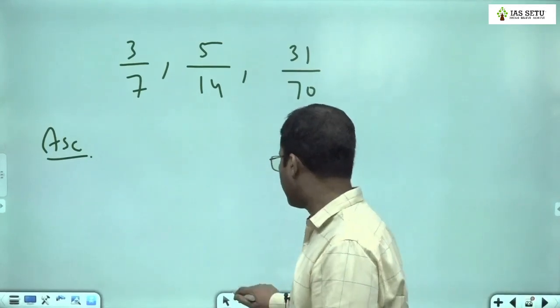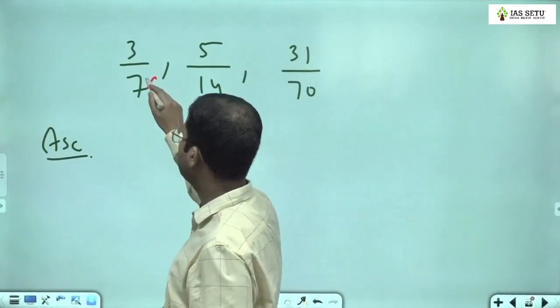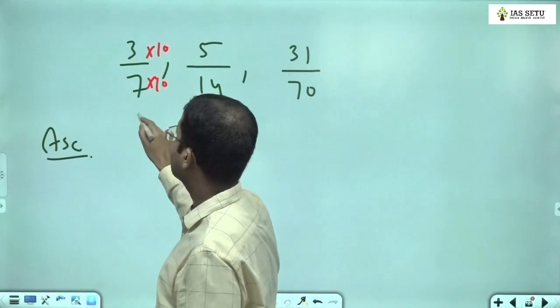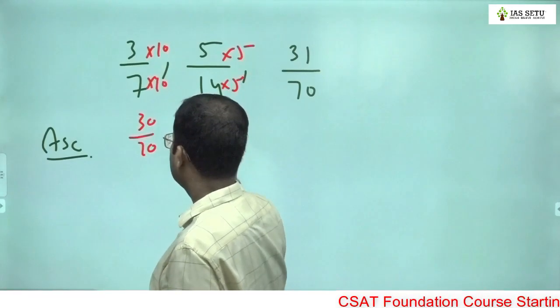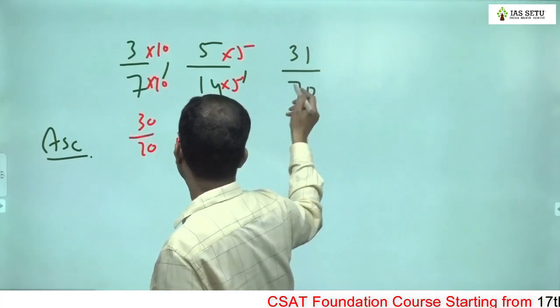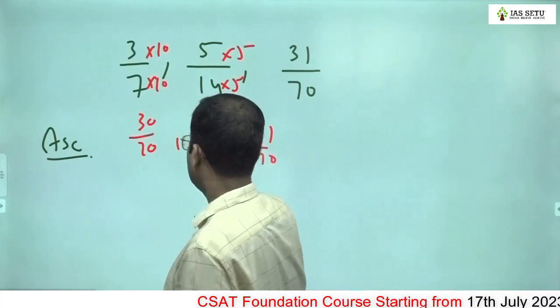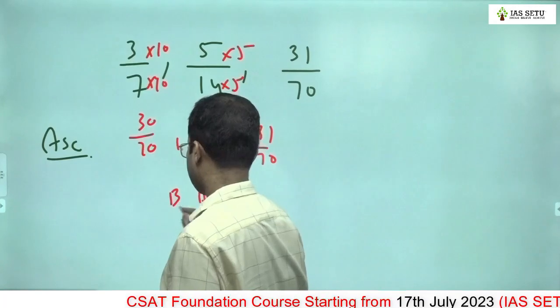So we try to make our denominator 70. So it is into 10, into 10. So this is 30/70, into 5, into 5, 25/70, 31/70. B is the smallest, then A, then C.